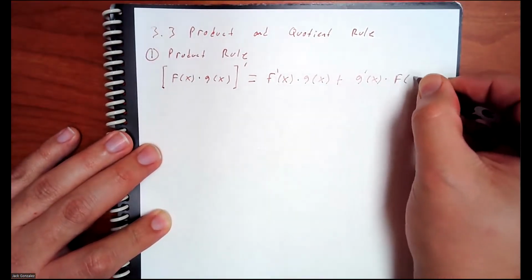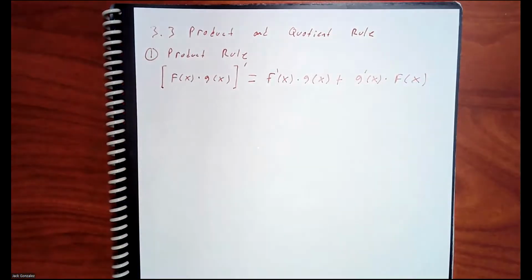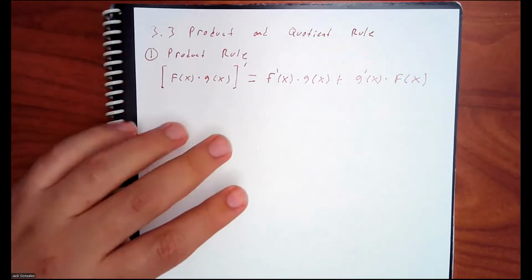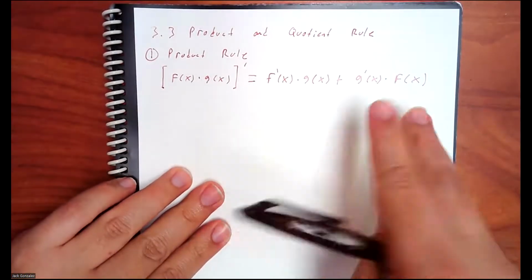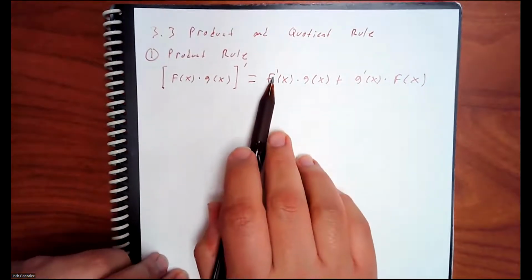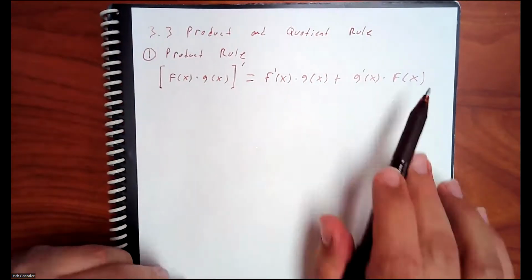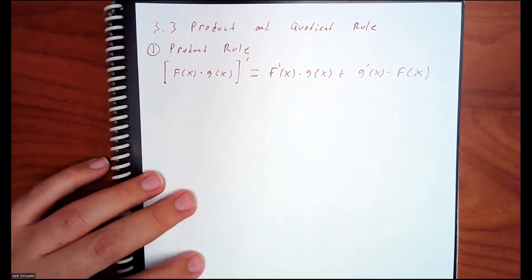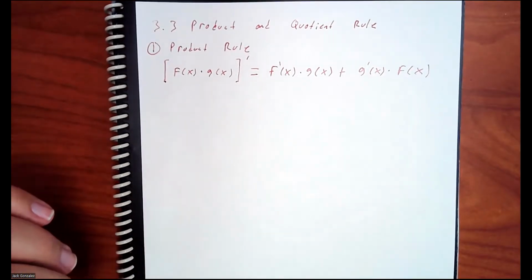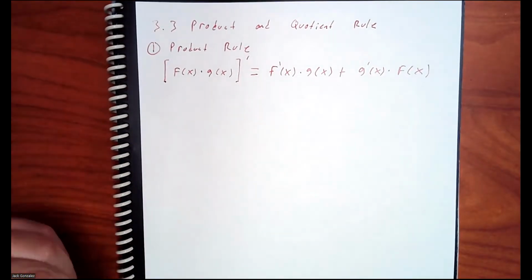It's easy to remember: derivative of first times second plus derivative of second times first. It doesn't matter what order, just make sure you do one derivative and the other derivative separately. After doing this quite a few times, you'll see the pattern and remember.